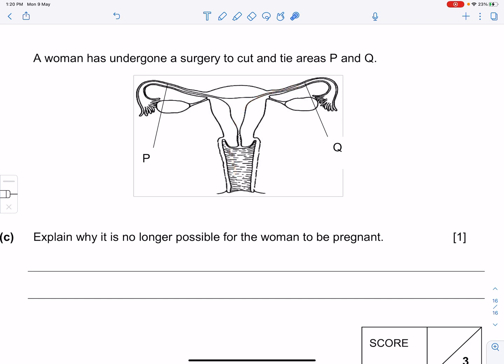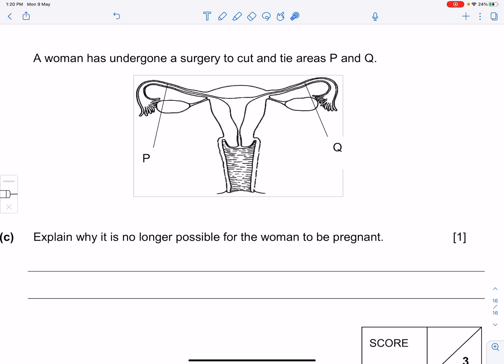A lot of you say things like, the sperm cannot swim to the fallopian tube. That's not true. This is still the fallopian tube. The cut was made here. So technically your sperm can still swim here, no issue. And if your egg is here, technically your egg can still go into the fallopian tube. So what is happening is that they are not able to meet. That is the key thing.